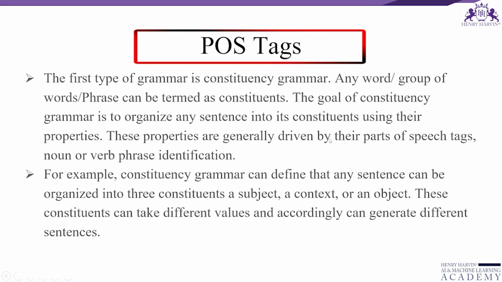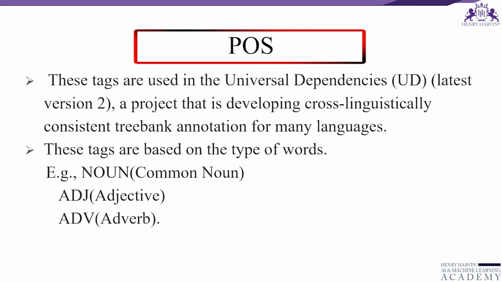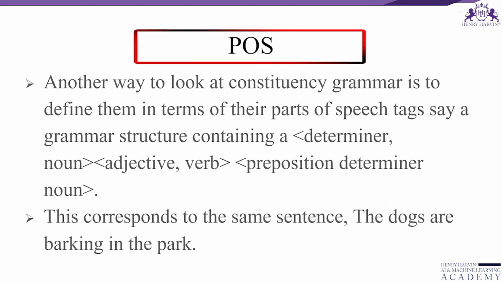Now let us try to understand the next one. When we talk about parts of speech, these tags are used in Universal Dependencies, a project that is developing cross-linguistically consistent treebank annotation for many languages. These tags are based on the type of word, for example noun, that is common noun, adjective, adverb. Another way to look at constituency grammar is to define it in terms of part-of-speech tags, as I said: determiner, adjective, verb, preposition, determiner.